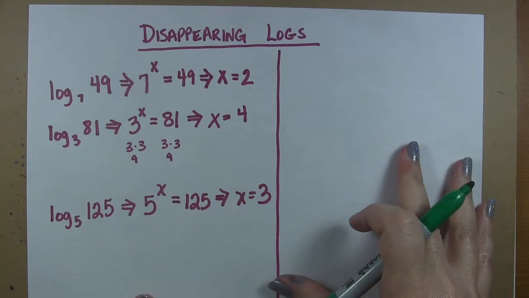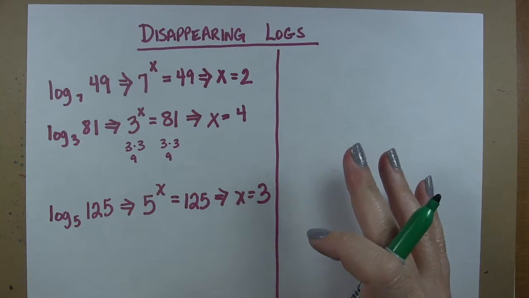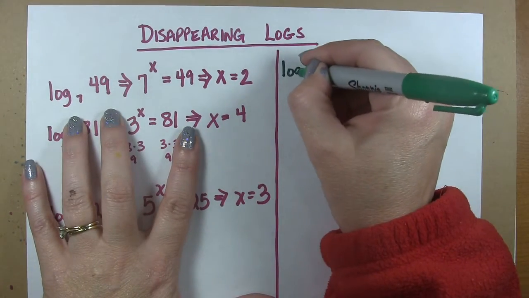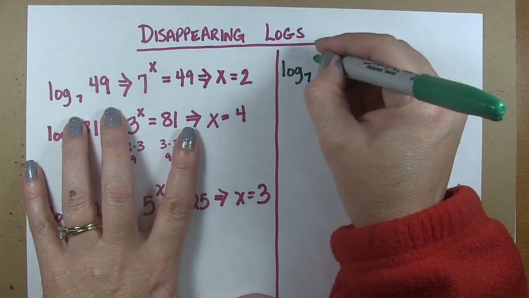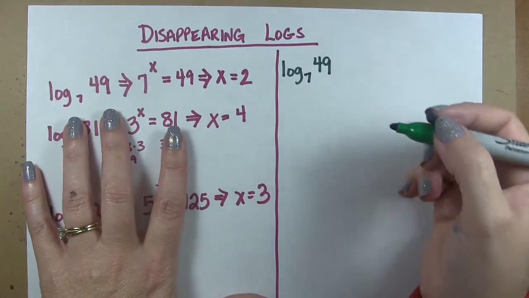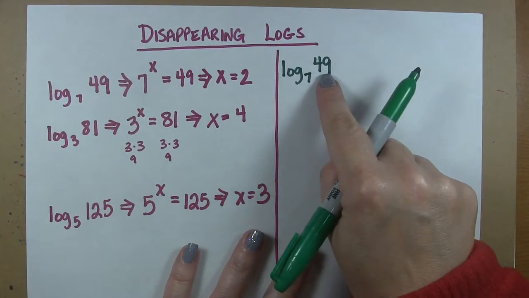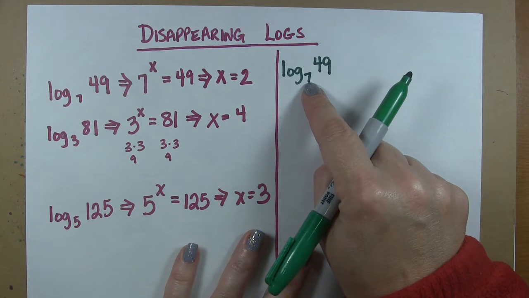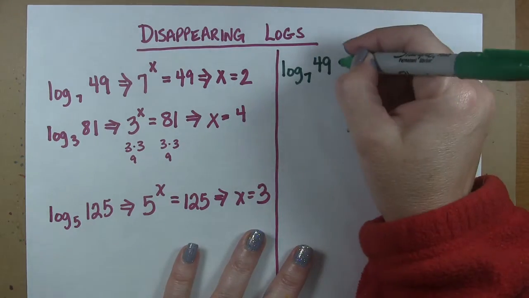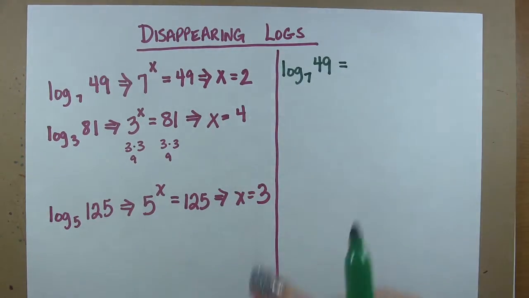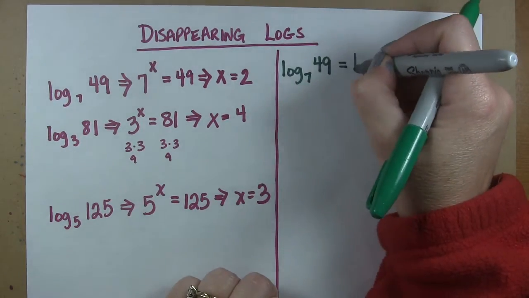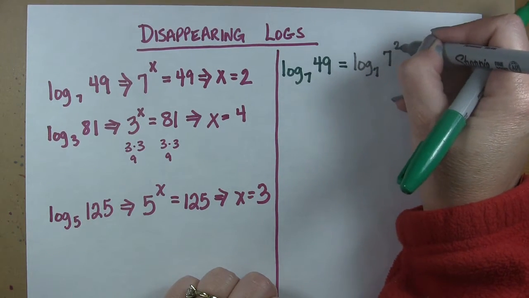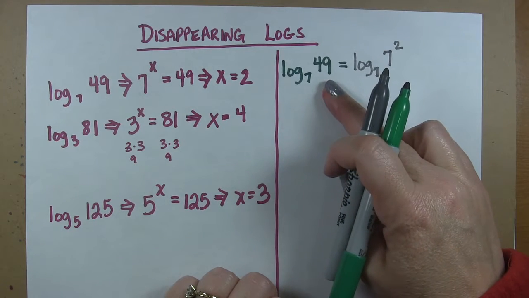Okay, now I'm going to show you something kind of cool. I'm going to take the same problem, log base 7 of 49, and this time I am going to try to change this 49 into something that looks like a 7. So log base 7 of 49 could be rewritten as log base 7 of 7 squared, because 7 squared is 49.